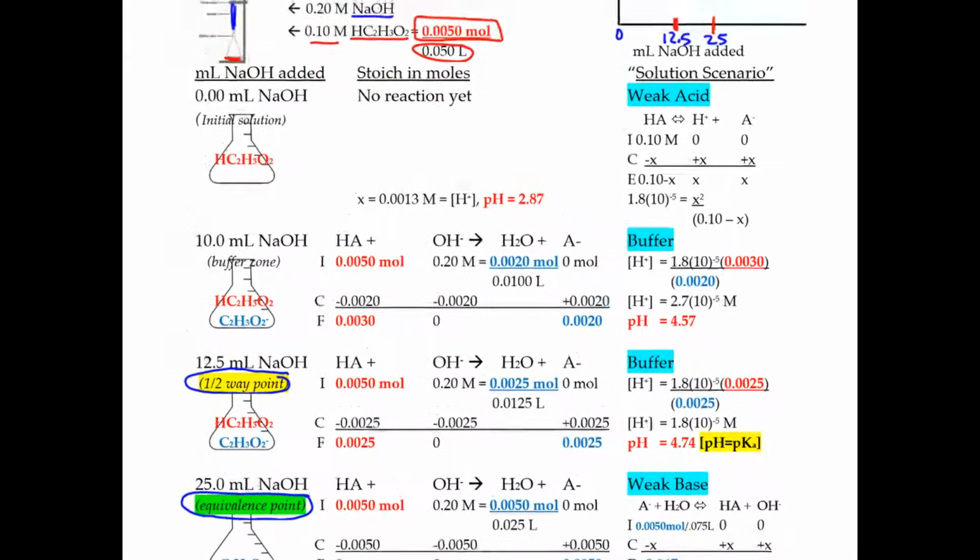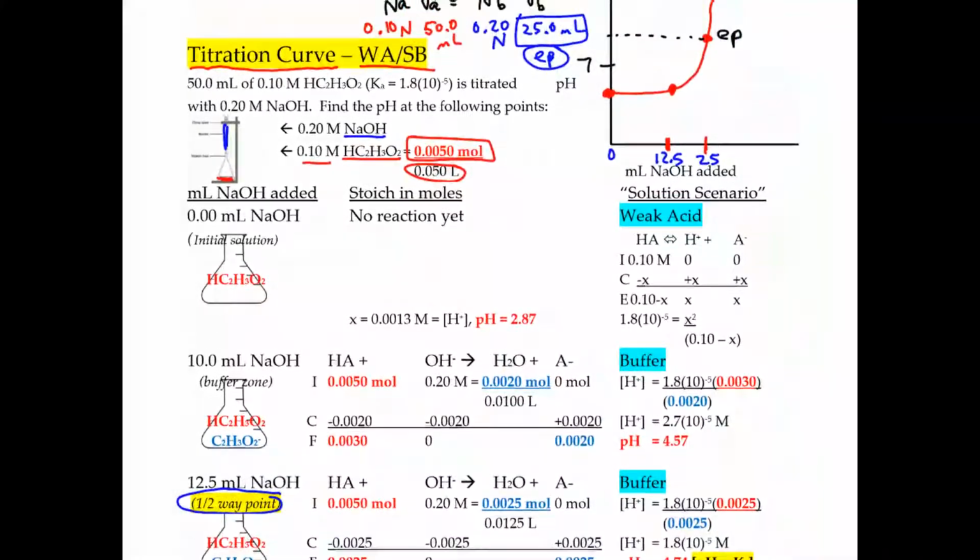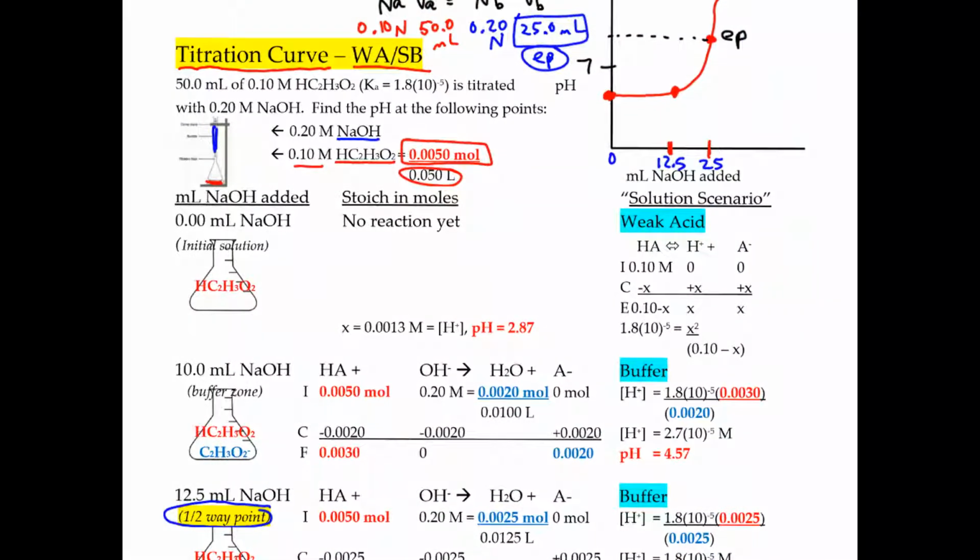So let's start at the beginning. In the beginning, I only have a weak acid in here, a weak acid by itself. So if I have a weak acid by itself, how do I handle that? ICE and Ka. So I do ICE, set equal to Ka, look for x, which is the H+, take the negative log of that, and you're going to get 2.87 as your first pH. So 2.87 is the beginning of this.